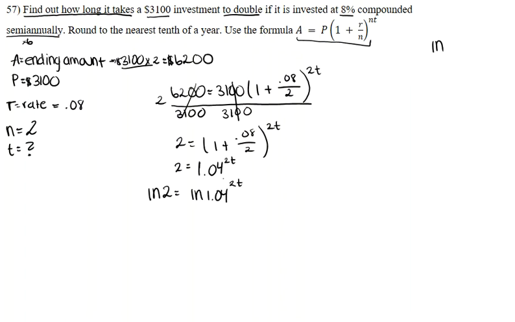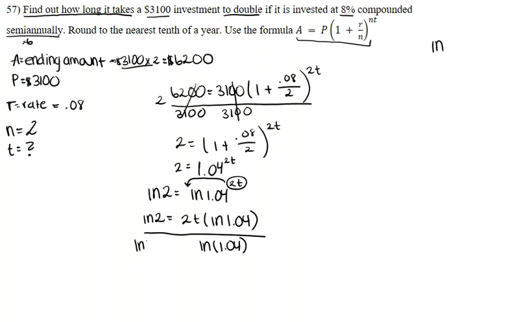Now that it's in natural logarithmic form, we can take our exponent using our power property and bring it to the front, thus giving us ln of 2 is equal to 2t times ln of 1.04. Let's divide both sides by ln of 1.04 so we can isolate our t.